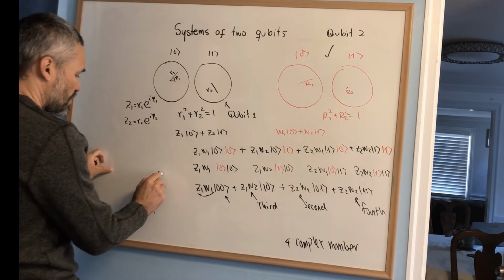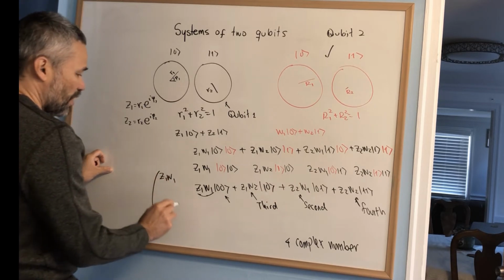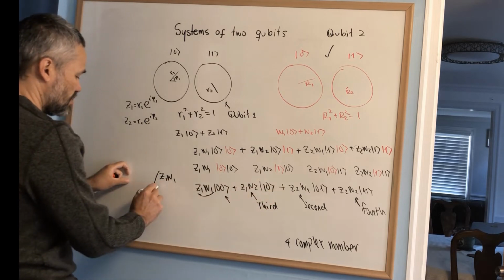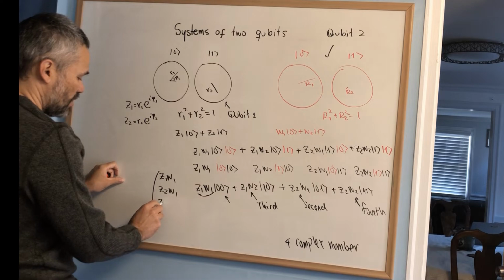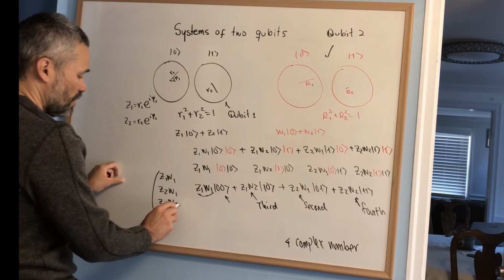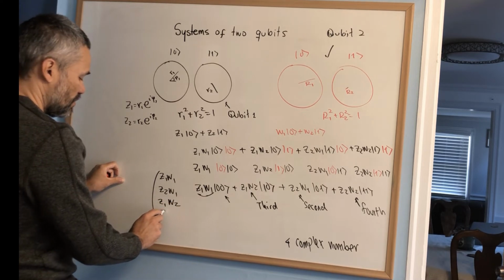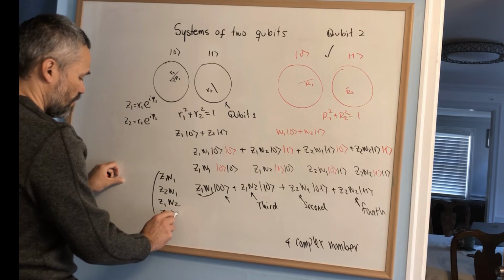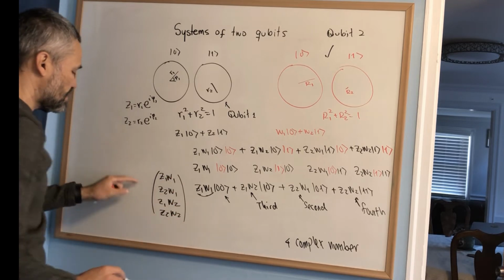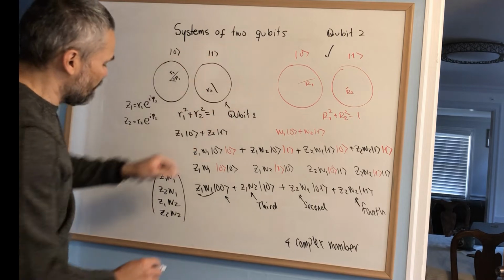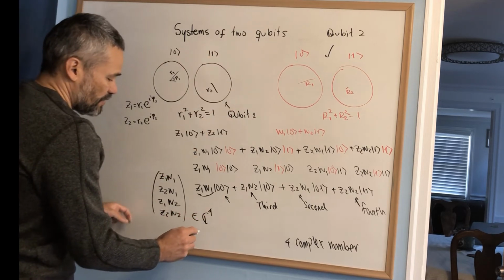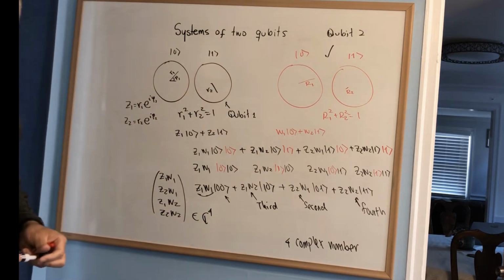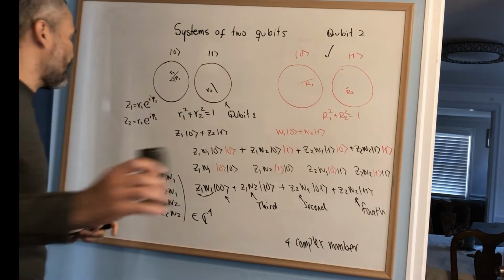And we have here C1 W1, C1 W2, C2 W1, and C2 W2. That means that this state can be naturally viewed as an element in C4, right? Let's have an example of this.